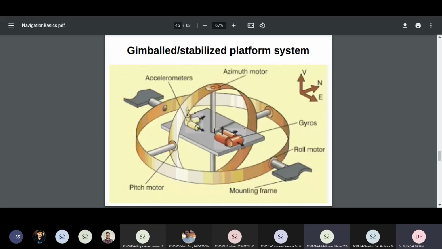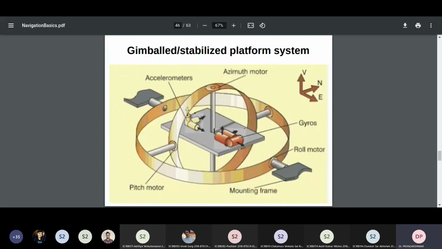Yes, sir. So in inertial navigation, in order to find the position, what is required is the acceleration with respect to the initial frame. Because once the frame starts changing, the acceleration obtained cannot be used to compute the navigation solution directly.